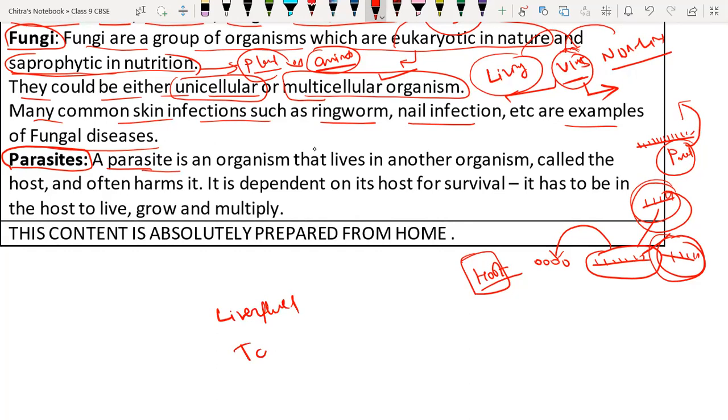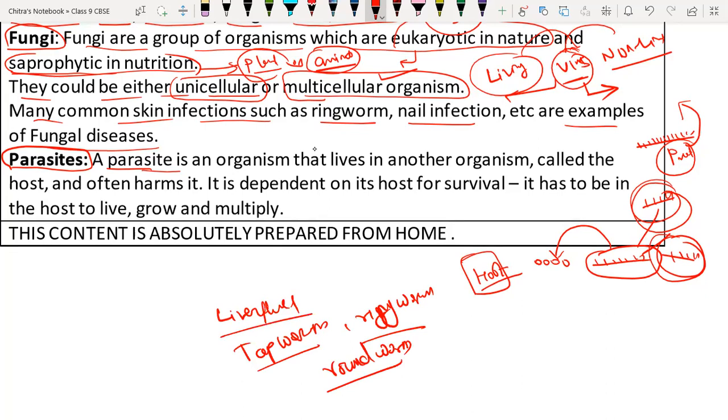We have tapeworm, we have roundworm, so basically all worms. They are not microscopic, they are macroscopic. You can easily identify a liver fluke, and the tapeworm, which is very long, like roundworm also.